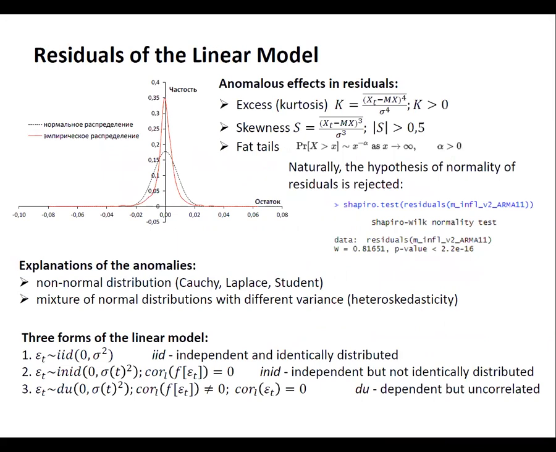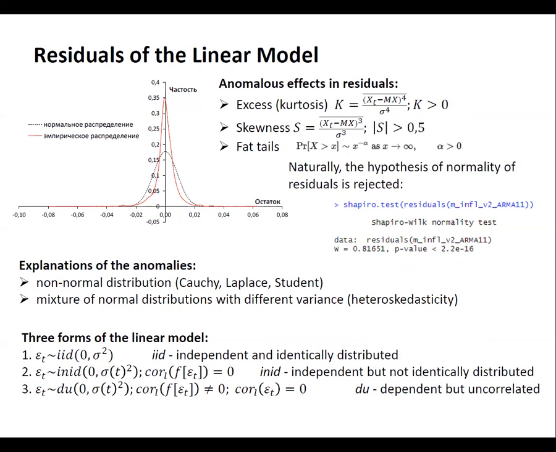Until now, when we talked about applying the ARMA model to real data, we did not analyze the distribution of the residuals of the ARMA model in any way. Our requirement for these residuals was only that there should be no autocorrelation there, but we did not look at the type of distribution itself.